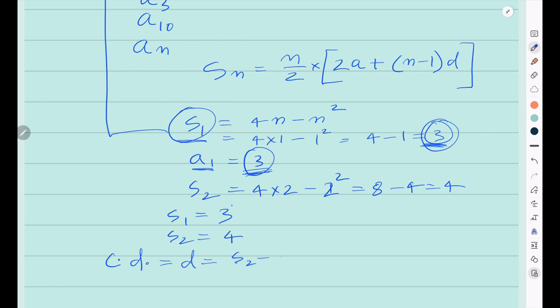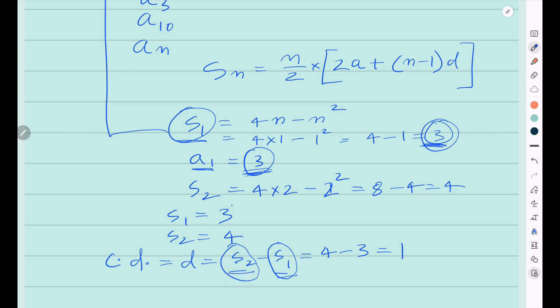Common difference is nothing but the difference between the sum up to the second term and the sum up to the first term. Just look into it a little bit, you will understand. The subtraction between these two, it is actually not adjacent terms, but the sum up to 1 and then the sum up to 2.